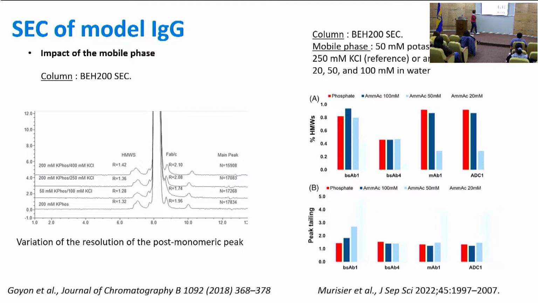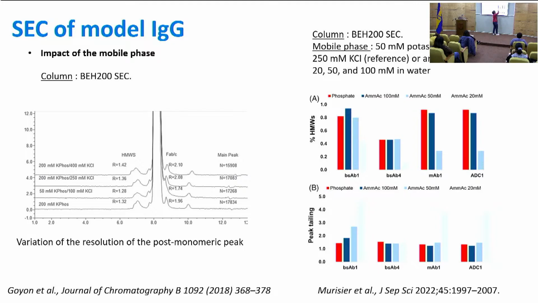And we can see that depending on the mobile phase, we observe variation in the measurement of small aggregate, because for instance, when it's a mobile phase with sodium phosphate or a mobile phase with ammonium acetate, you can see, for this map, that the proportion of small aggregate is not the same.